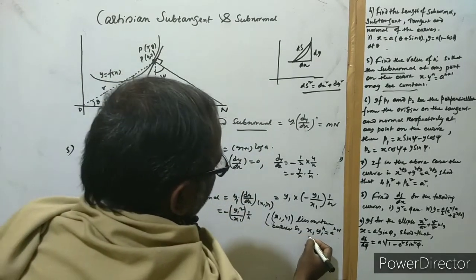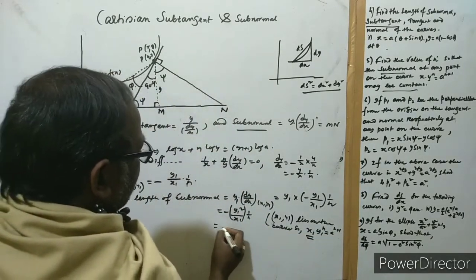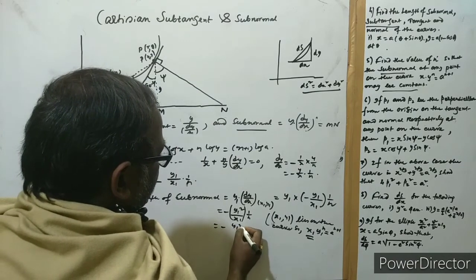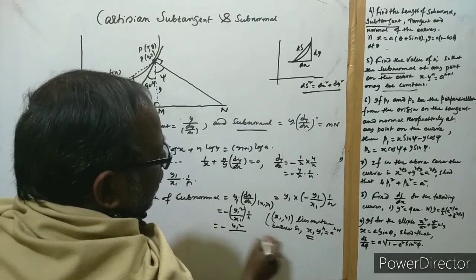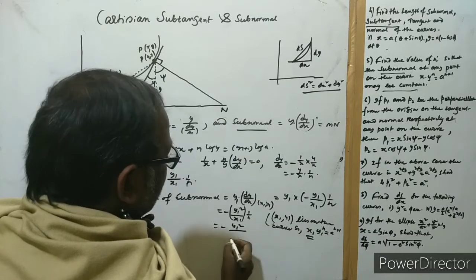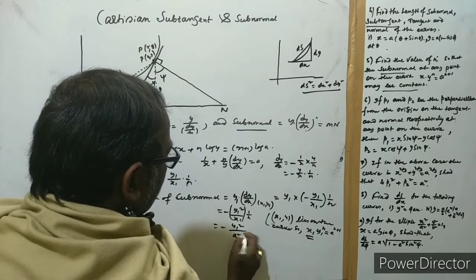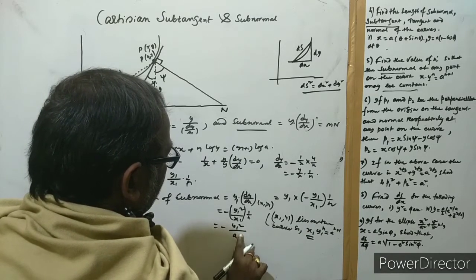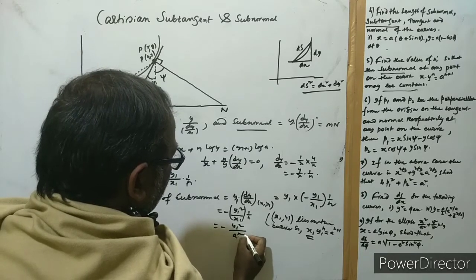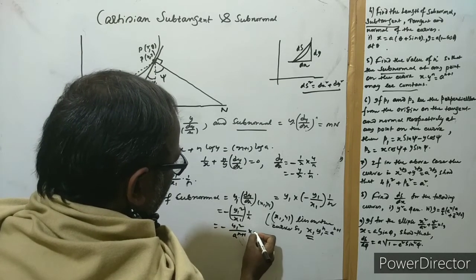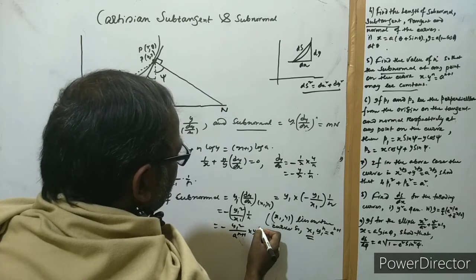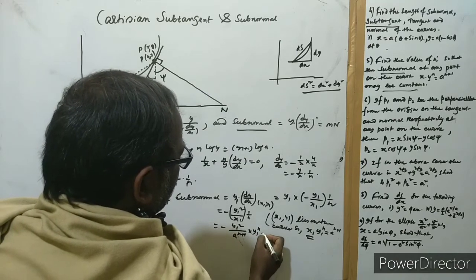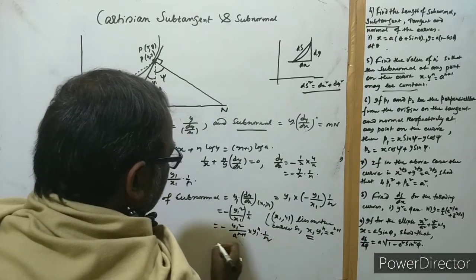So therefore we find here y1 square by x1. x1 means a to the power n plus 1 into y1 to the power n into 1 by this.